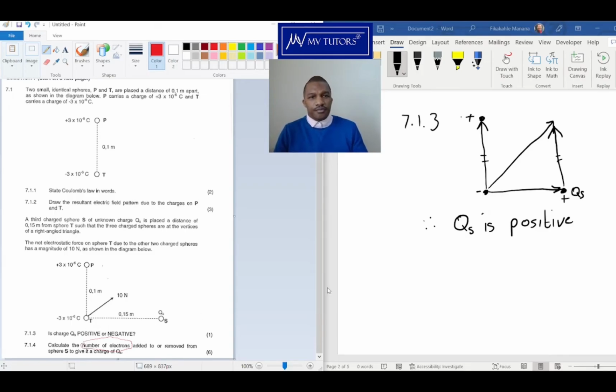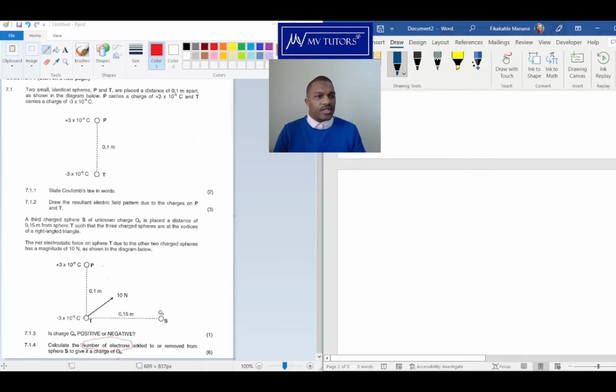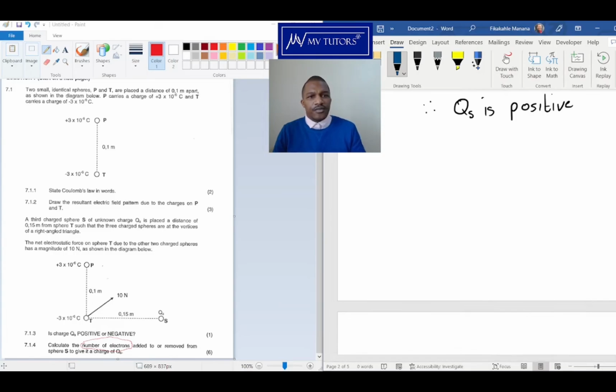Now if you check your formula sheet, we're now on 7.1.4, you notice that the formula that you need to calculate the number of electrons is N equals Q over E. Okay, so that's QS in this example. So we need to solve QS, right?